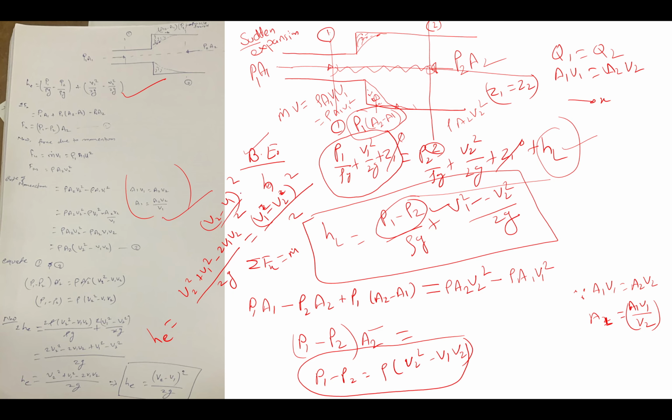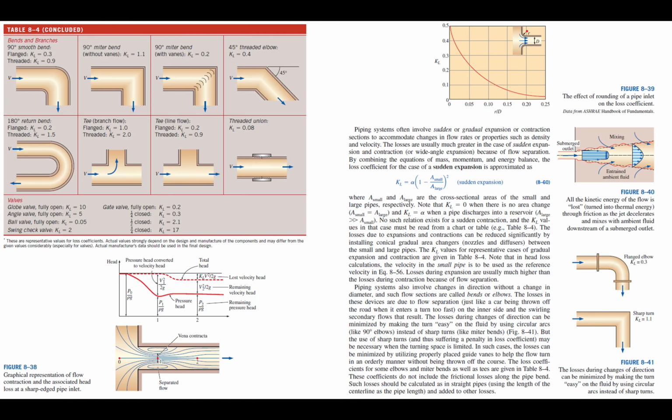This equation will produce the negative loss, so we'll not consider this, we'll consider the V1 minus V2. But this will give the minus value, but no meaning. So now these are again some losses, that is your sharp turn and the flange's elbow.